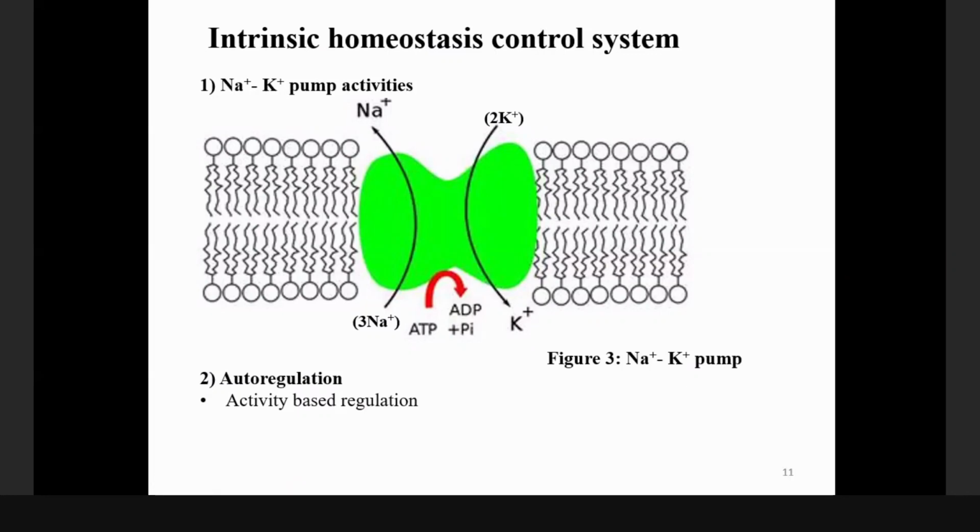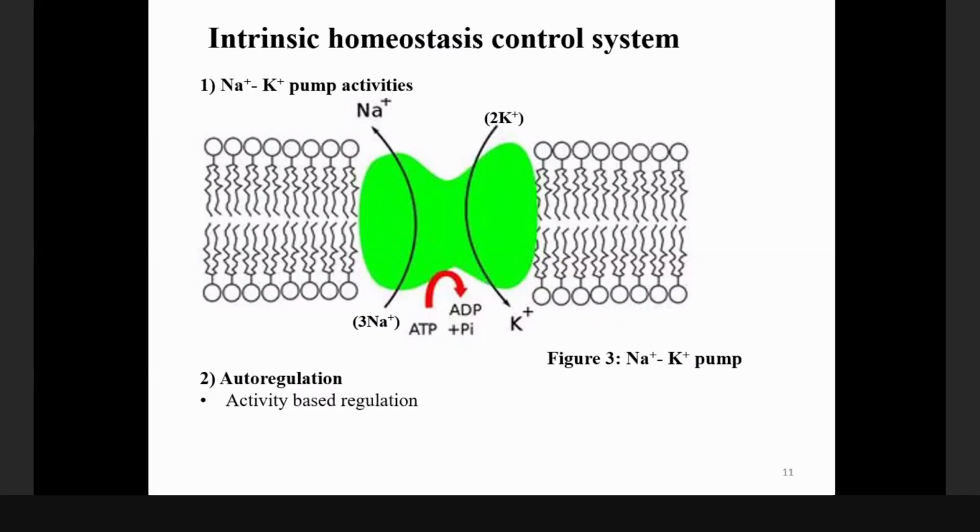So what is this pump going to do? Assume there is more water inside the cell. If there is more water inside the cell, that may break the cell. The cell is going to bulge, and that may facilitate breaking of the cell. So the cell will die.